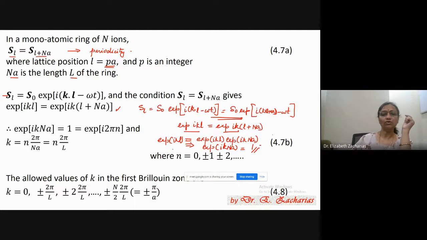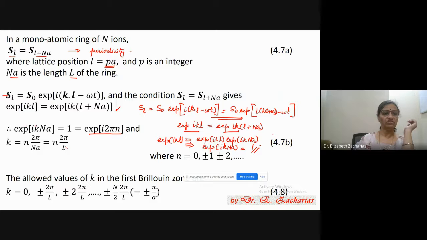And you know that 1 can be written in the exponential form as exponential i 2 pi n, where small n is an integer. You know that exponential i 2 pi n is 1. So we will write exponential ik capital Na is equal to exponential i 2 pi small n, where small n is some integer.